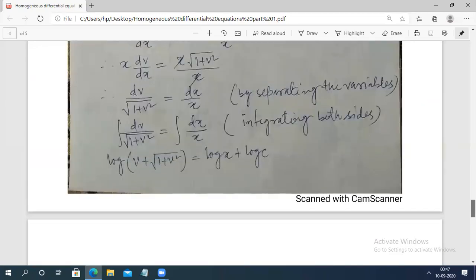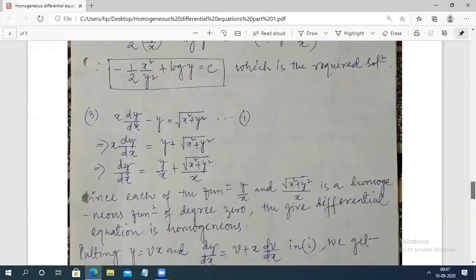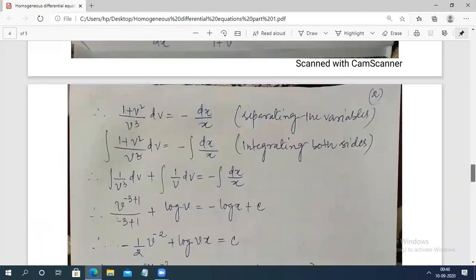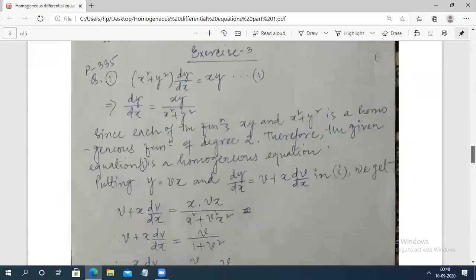So to solve a homogeneous differential equation, you need to check whether the given differential equation is homogeneous or not. If it is homogeneous, then you have to substitute y by x is equal to v, or if it is dx by dy, then you have to substitute x by y.